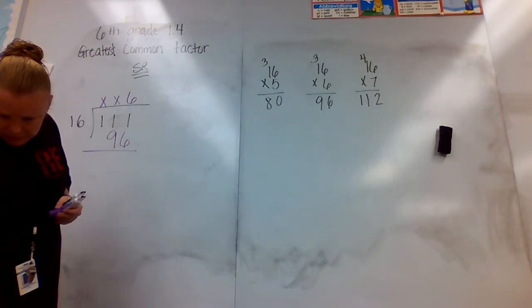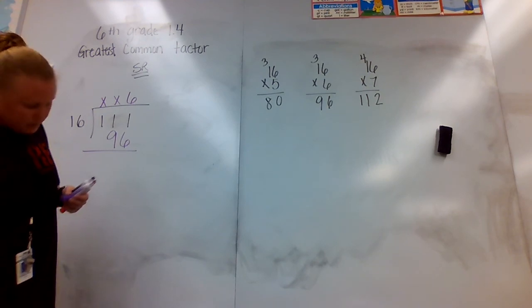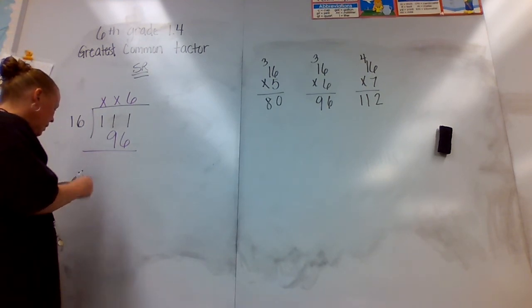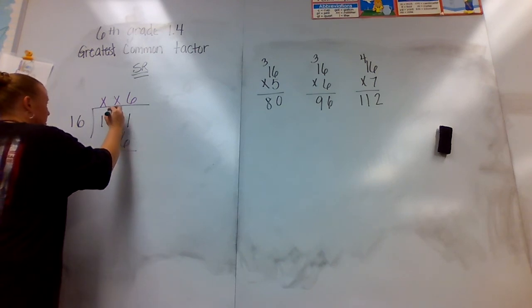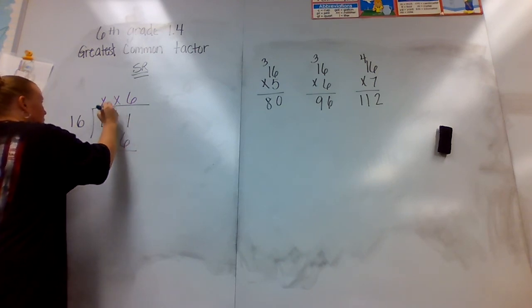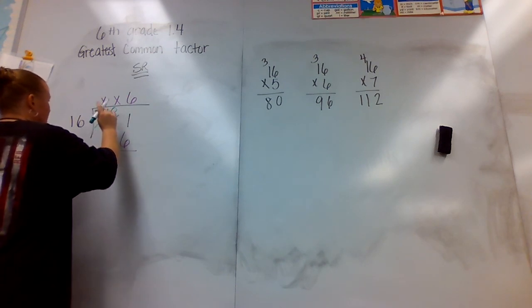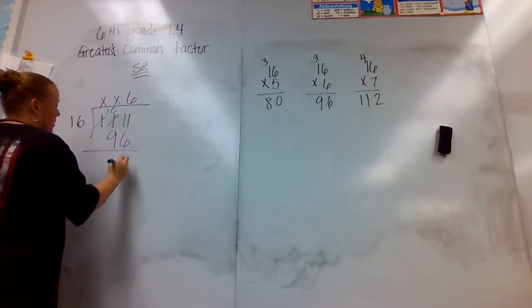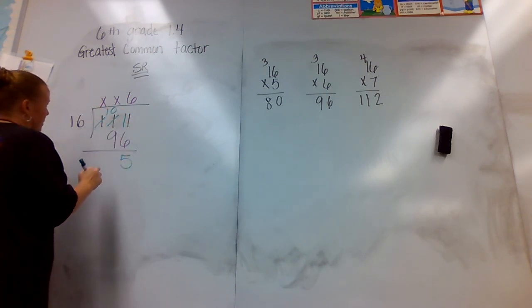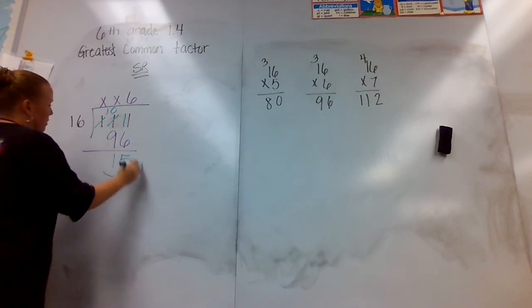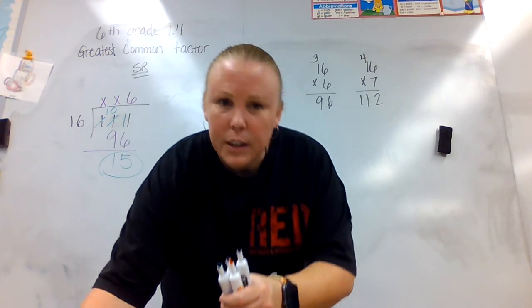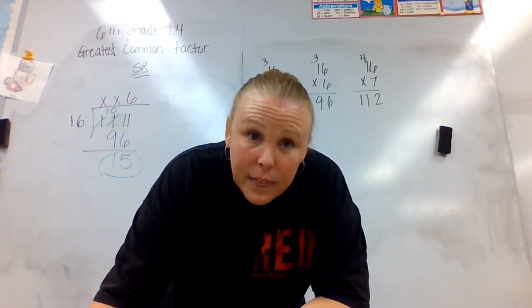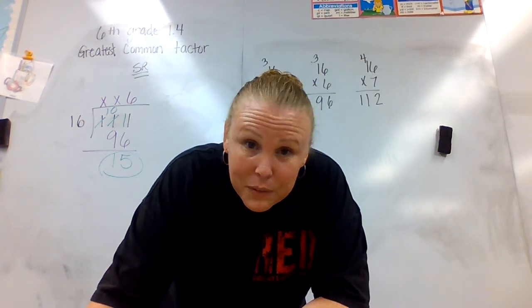All right. 1 can't take away 6. Okay. 11 take away 6, 5. 15. Well, all right. 15. All right, guys. That is 1.4. Come back for 1.5.